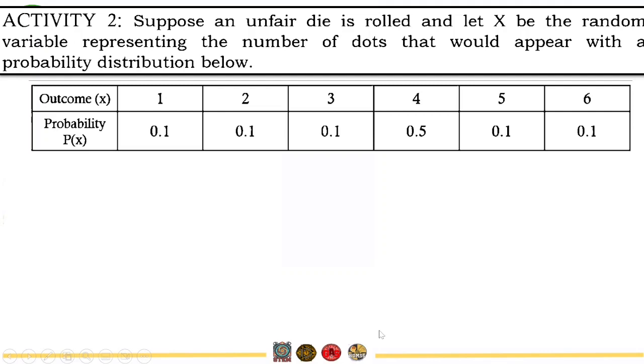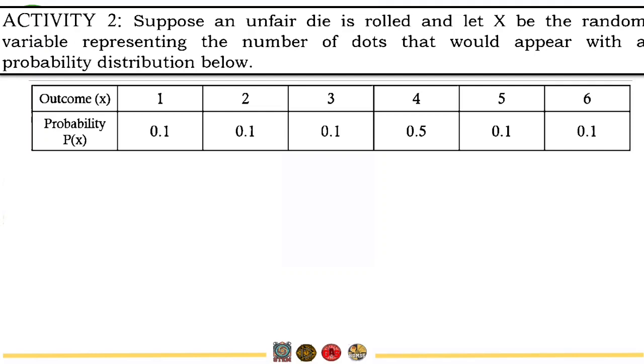Before we answer the situation, let us check if the table gives us a discrete random variable. The outcomes of our die are 1, 2, 3, 4, 5, 6, and the probabilities P(x) are 0.1, 0.1, 0.1, 0.5, 0.1, and 0.1. If you get the total of the probabilities, it gives us a total of 1.